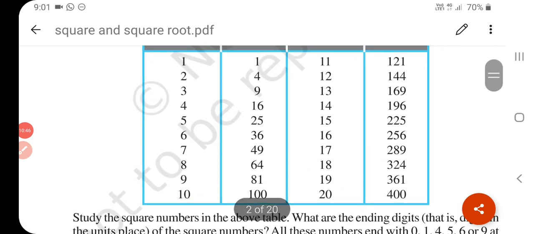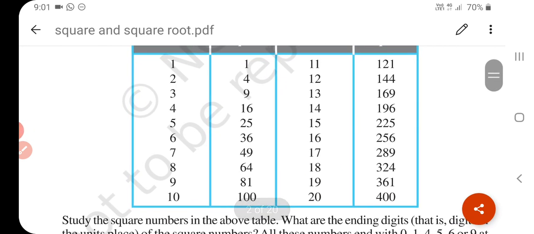And see one more thing. If we square a number ending with 1 or 9, we get a number which ends with 1. See, 1 square is 1 and 9 square is 81. 11 square is 121, 19 square is 361.